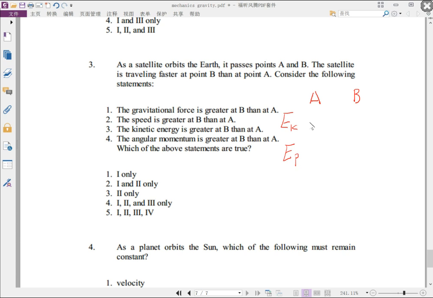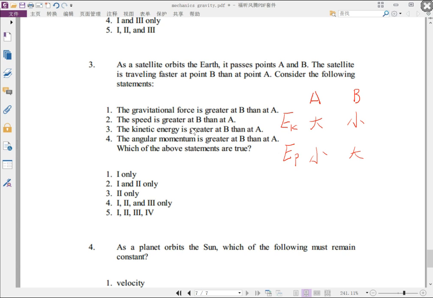Since B has a larger kinetic energy and A a smaller kinetic energy, and since the total energy should be conserved, if you have a larger kinetic energy, you should have a smaller potential energy. Okay, again this time a larger potential energy for A.